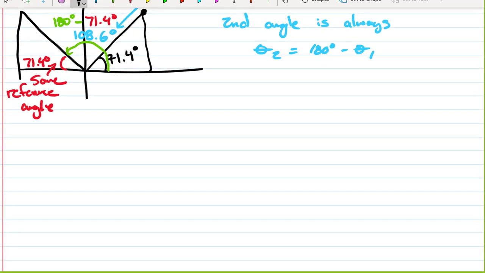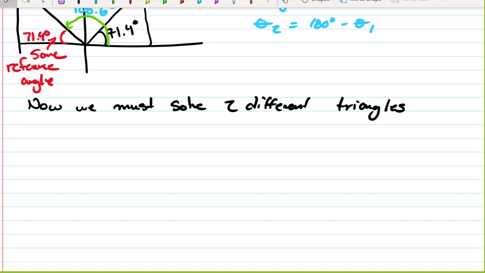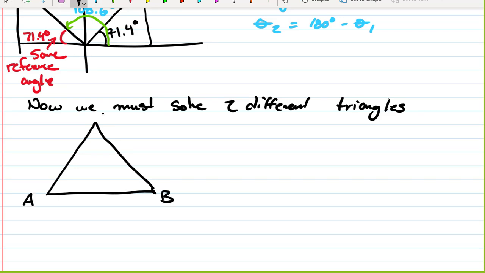Our first triangle is going to be the one that we started with, ABC, and we had 4157, 3446, and 51.8 degrees.